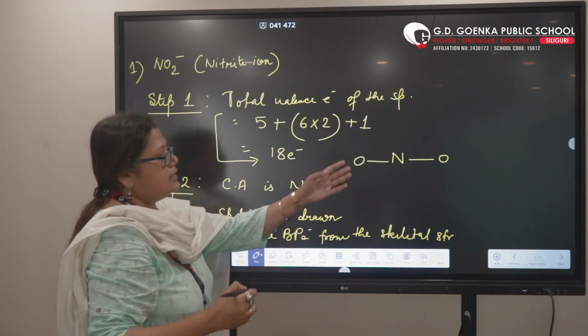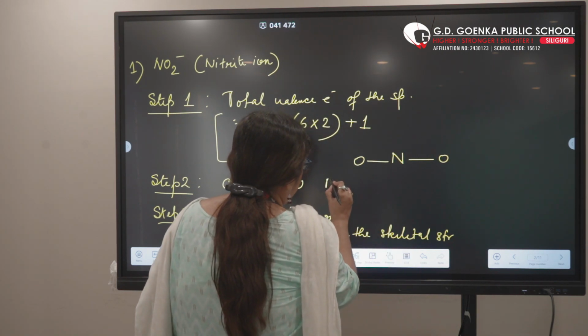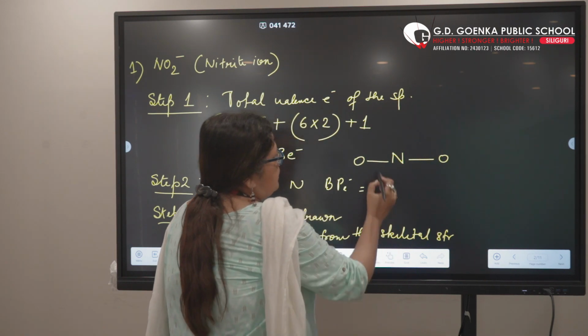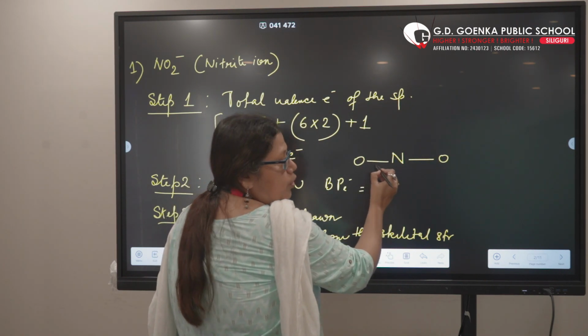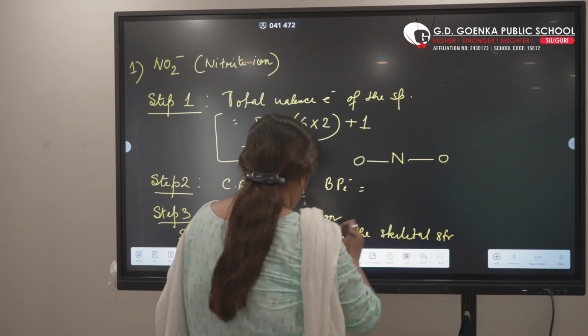So we have the skeletal structure, and from there we are going to calculate the bond pair electrons. So according to the structure, bond pair electrons will be how many? See, nitrogen-oxygen single bond over here and single bond here. So we are getting what?